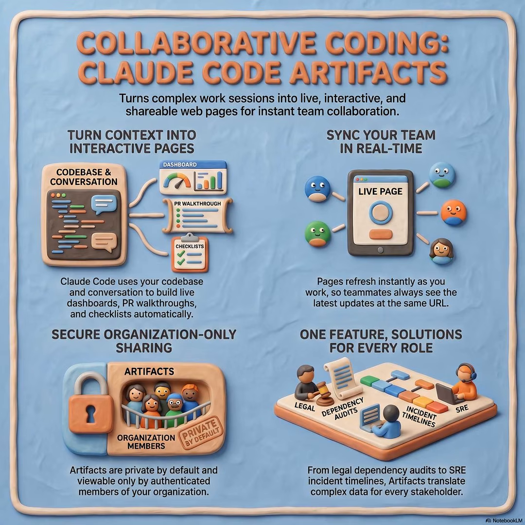The debugging use case in the sources highlights this perfectly, I think. Like an engineer starts an incident investigation before the morning stand-up. Right, the pre-stand-up miracle. Claude works through the logs and publishes an artifact with a timeline, suspect commits, and an error rate chart. It actually republishes twice before the meeting even starts. Which means no one has to manually walk through the findings. Everyone is looking at the same live context.